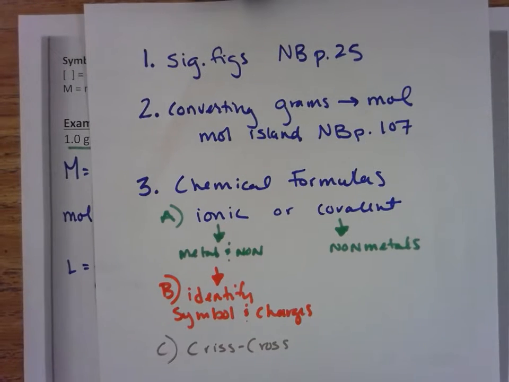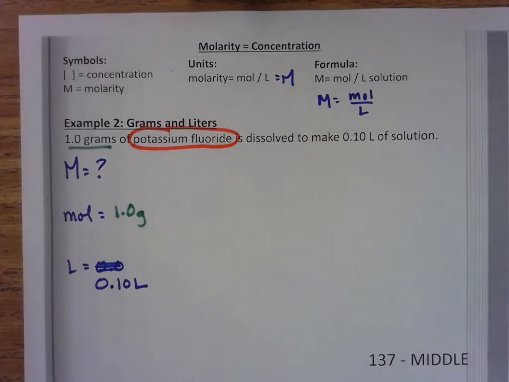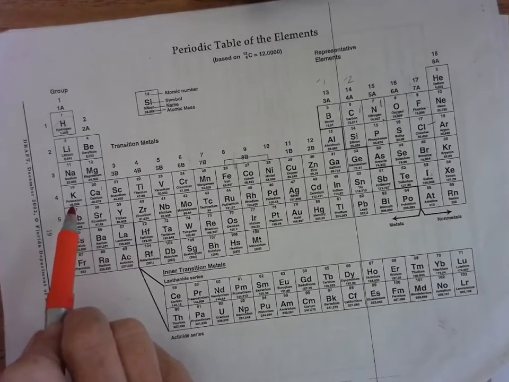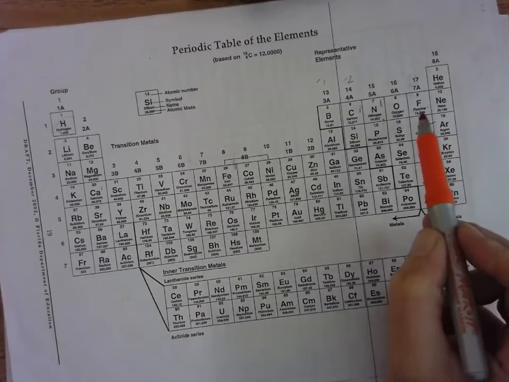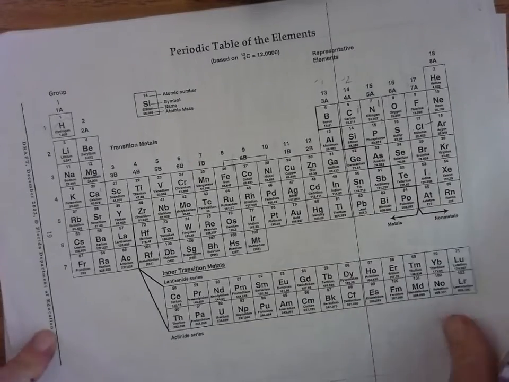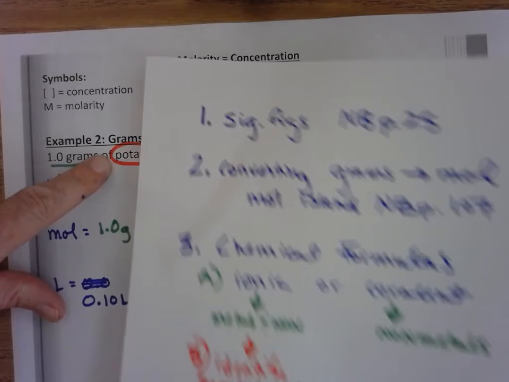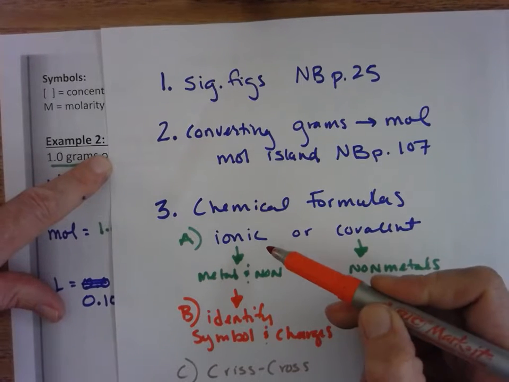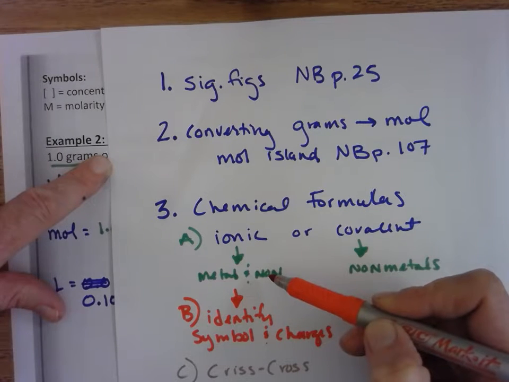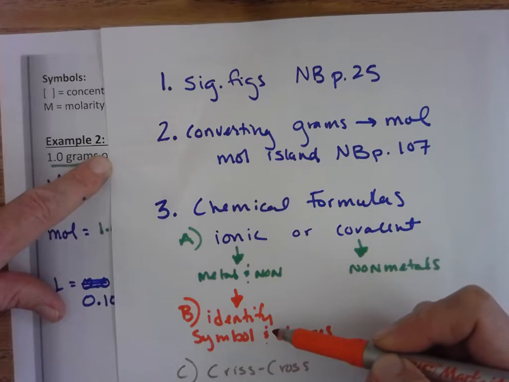Potassium is found in group 1, so it's a metal, and fluoride is over here, it's a non-metal. Therefore, potassium fluoride is going to be ionic because it's made out of a metal and a non-metal. So we have to identify our symbols and charges and then crisscross.